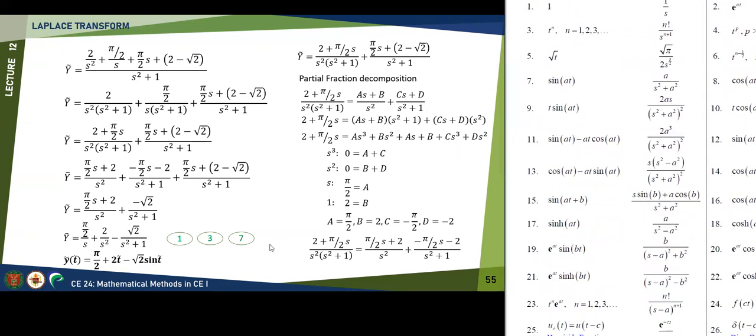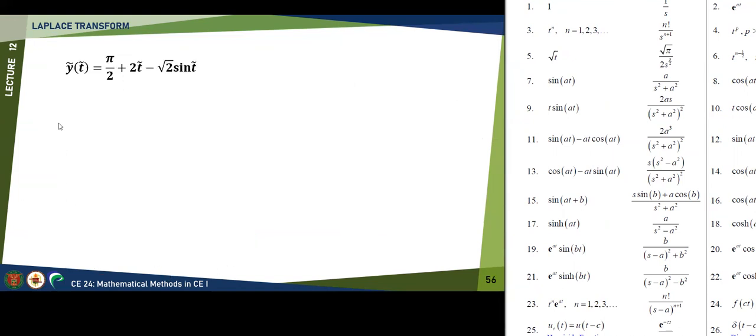Hindi pa dyan nagtatapos yung problem kasi shifted pa ito, so ibabalik natin siya to its original variables. From earlier, we said that t tilde equals t minus pi over 4. Substitute back nyo lang. So y of t equals pi over 2 plus 2 times t minus pi over 4 minus square root of 2 sine of t minus pi over 4.